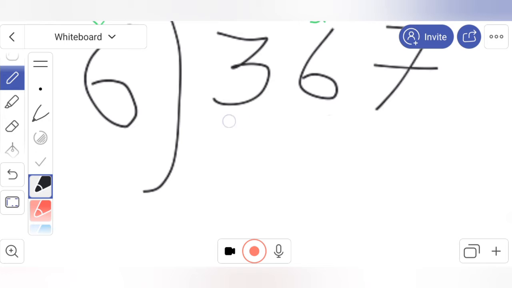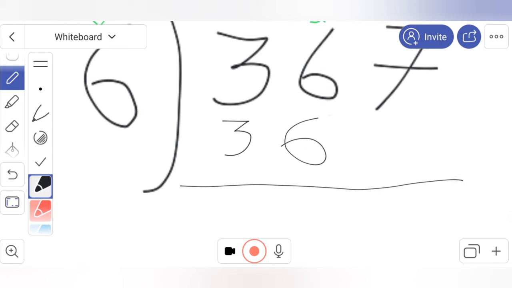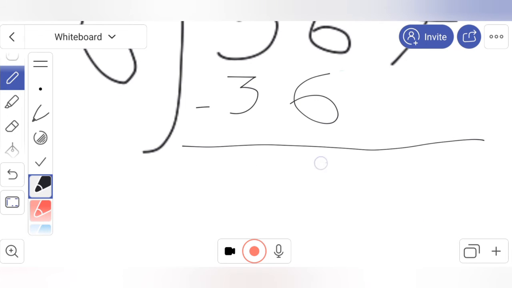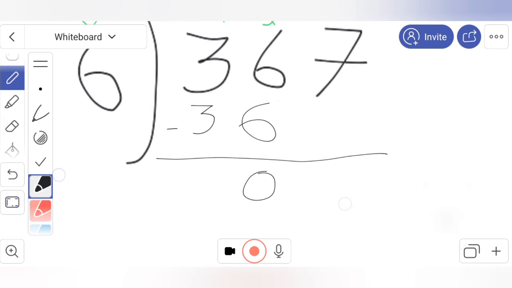So it will be 36. So now you subtract them, how much will you get? 6 minus 6 will be 0. Now we have this number, right? So bring down this number 7.